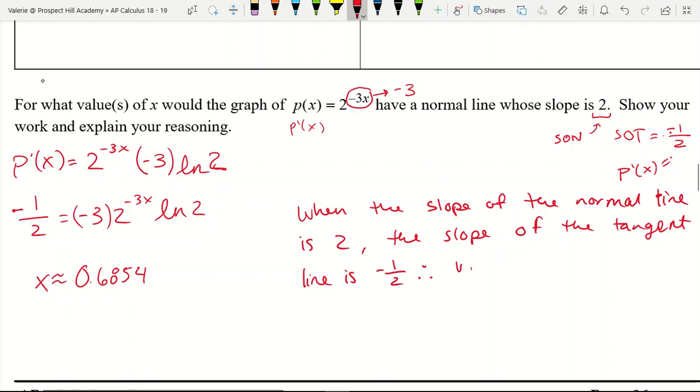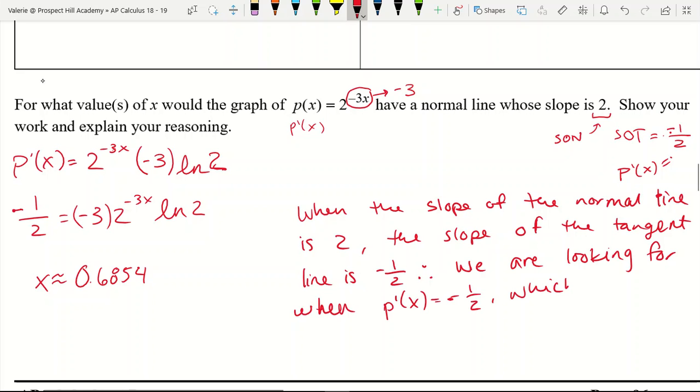Therefore, we are looking for when p prime of x equals negative 1/2, which occurs at x approximately 0.685.